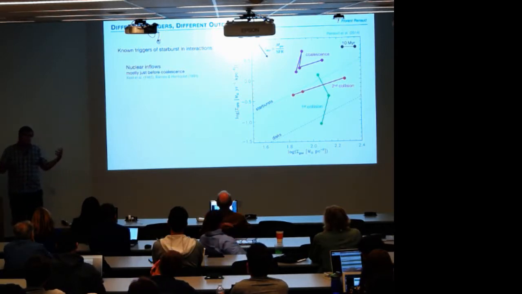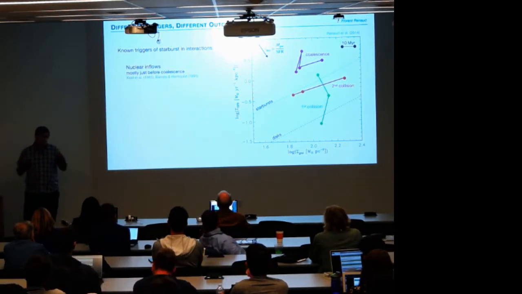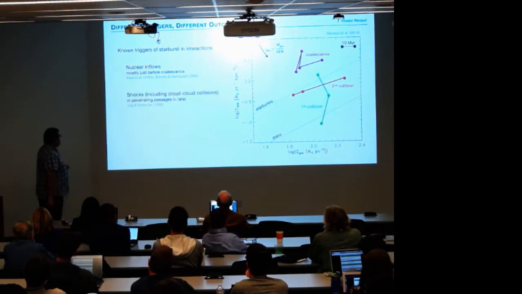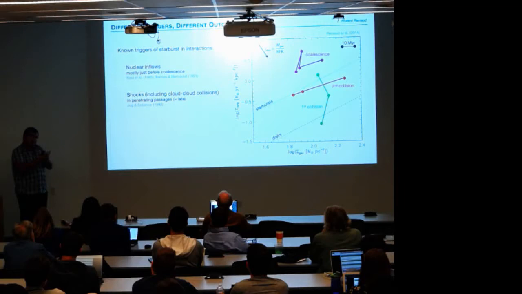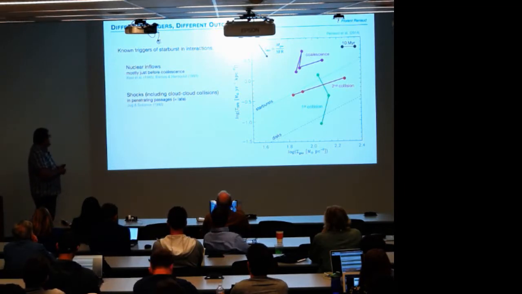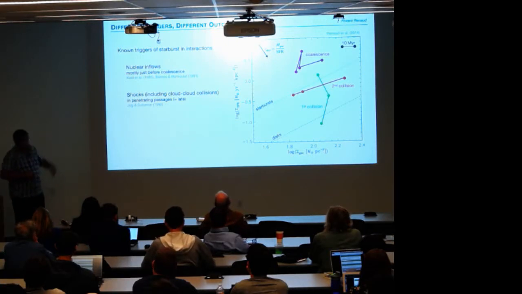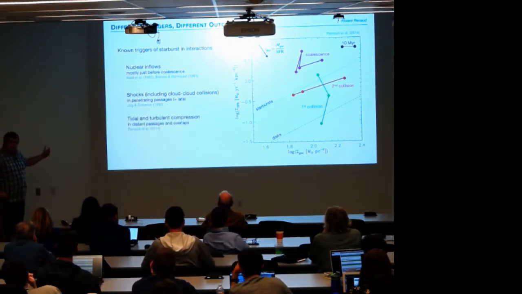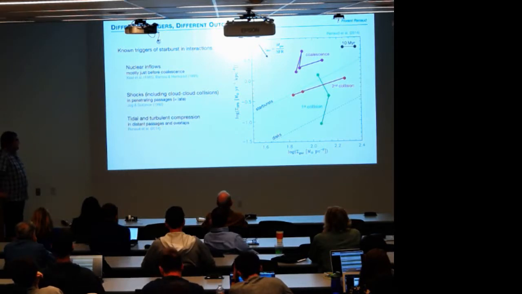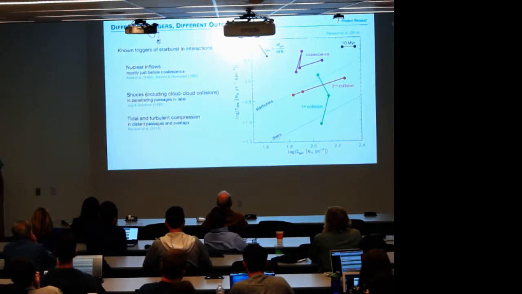That is the strongest just before coalescence, when you have strong tidal torques. The second one would be shocks, including cloud-cloud collisions, when the 2 galaxies are penetrating. So quite late also. You need to lose a bit of orbital angular momentum through dynamical friction to reach this point. And the third one is the tidal and turbulence compression, and because it's of tidal origin, it's a remote effect, affecting large volumes and quite early already in the interaction.